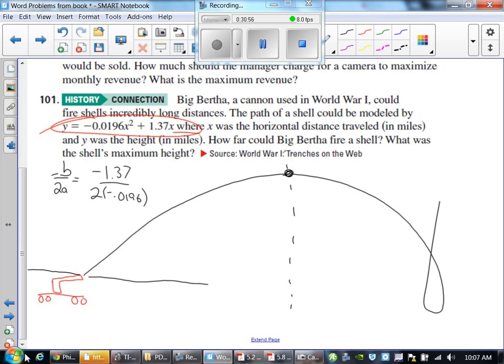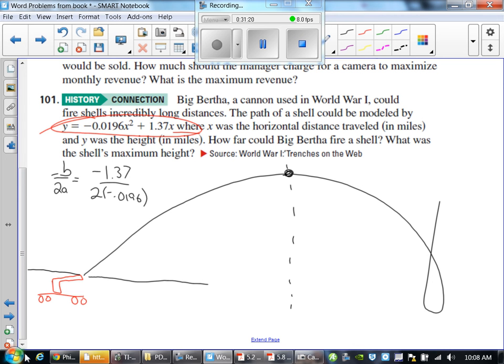It's 1.37. So we put it back in for x. Is it x or y? X. Is x equal to 34.7?